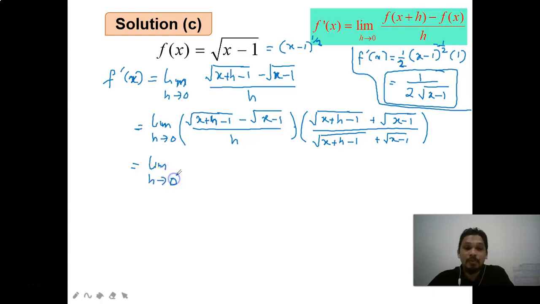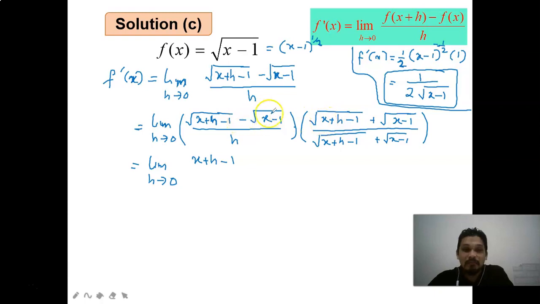Limit as h approaches 0. Okay, now multiply these two conjugates: the square root of x plus h minus 1 multiplied with the square root of x plus h minus 1 gives you x plus h minus 1. This multiplied with this positive, and the negative square root of x minus 1 multiplied with this side here, they are cancelling each other actually.